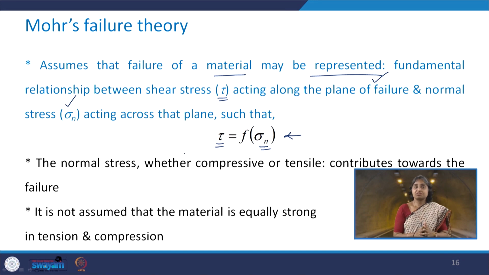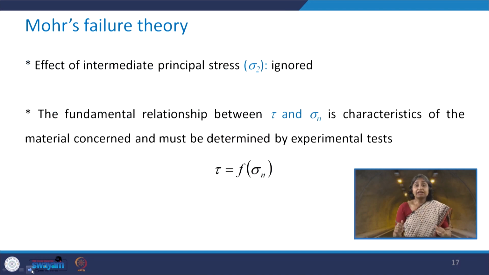Now, the normal stress, whether it is compressive or tensile, contributes towards the failure. And another thing which was assumed is that the material was not equally strong in tension as well as compression. In this case, the effect of the intermediate principal stress, that is sigma 2, was ignored, and it was said that the fundamental relationship between shear and normal stress is a typical characteristic of the material concerned, and this can be determined by conducting tests in the lab or maybe in the field.